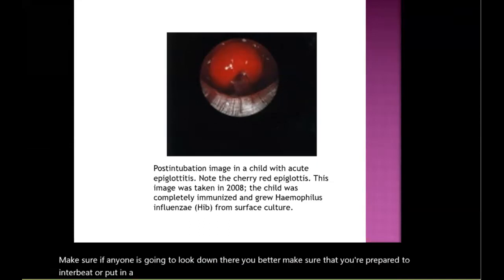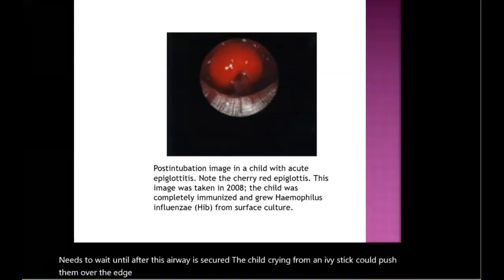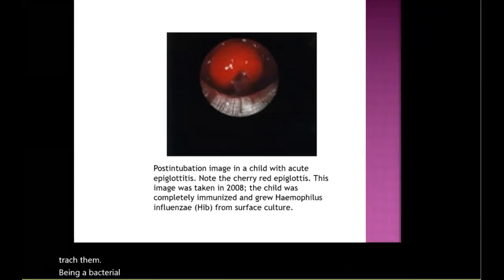Even starting your IV, if possible, needs to wait until after this airway is secured. The child crying from an IV stick could push them over the edge where intubation is not possible anymore, and we have no choice but to trach them. Being a bacterial infection, our white count tends to be elevated.